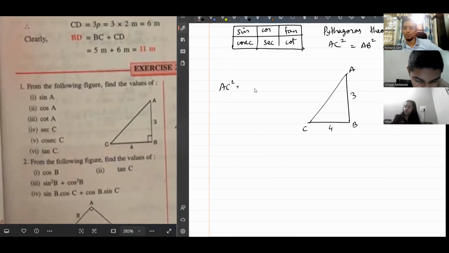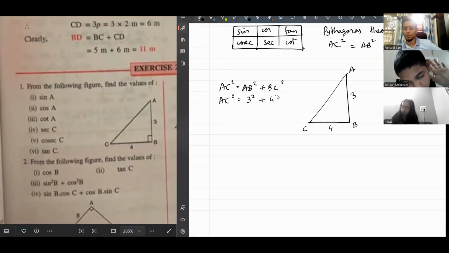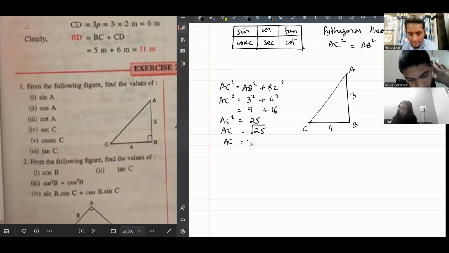AC square is equal to AB square plus BC square. So AC square is equal to 3 square plus 4 square. That is 9 plus 16, which is 25. So AC will be square root of 25, because we have AC square. Therefore, AC is 5.